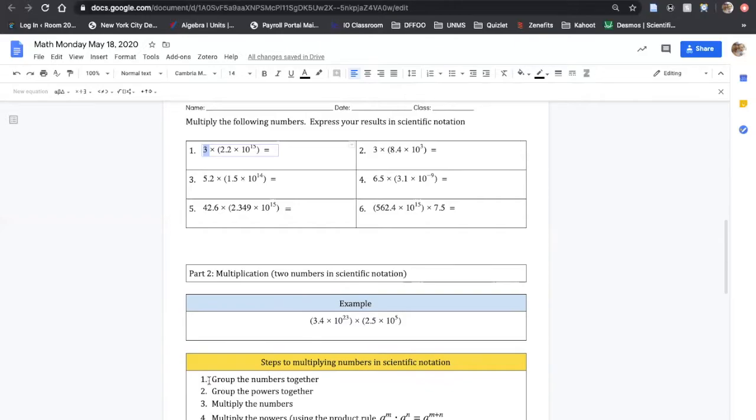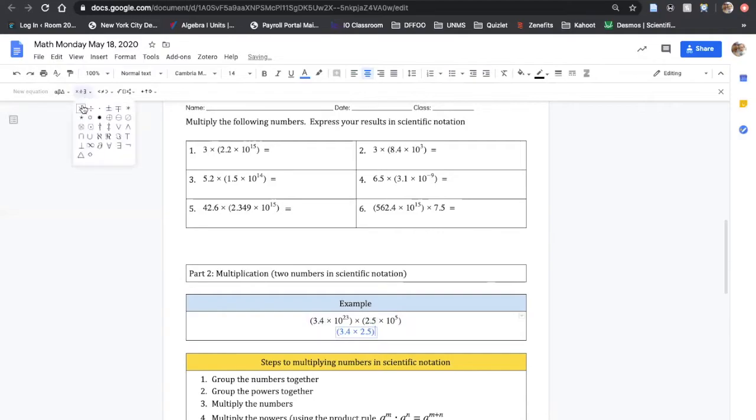So first step, it says group the numbers together, right? When I'm saying numbers, I mean the parts that don't have the powers. So in this case, I've got the 3.4, I've got the 2.5. So what I'm going to do first is multiply those two parts together. Let me rearrange it so I have 3.4 times 2.5.